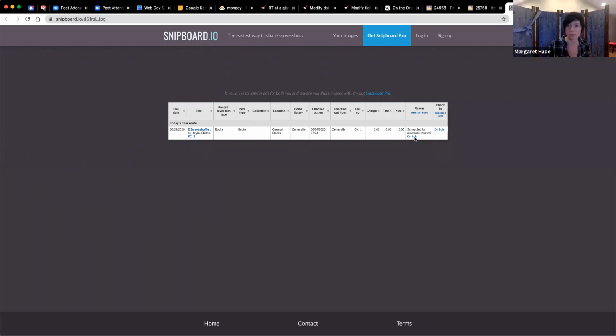And is that a hyperlink to what the hold is right below the scheduled for automatic renewal? So I'm reading that right? Yeah. So that looks good to me. And then for us, we would also want that to show on the patron's side when they're logged into the OPAC, so that they could also have that information in case they chose to use it to determine when they read or watched whatever they have checked out.